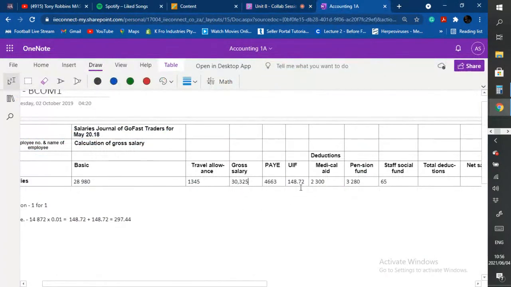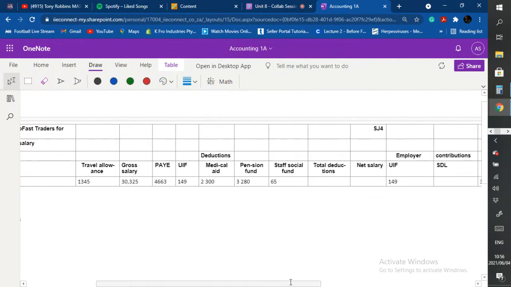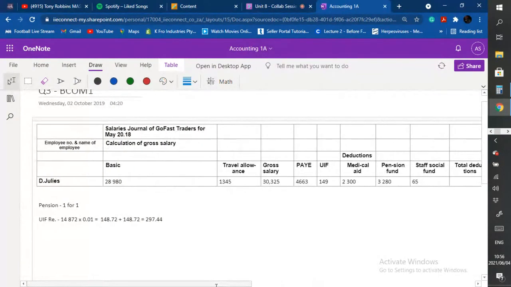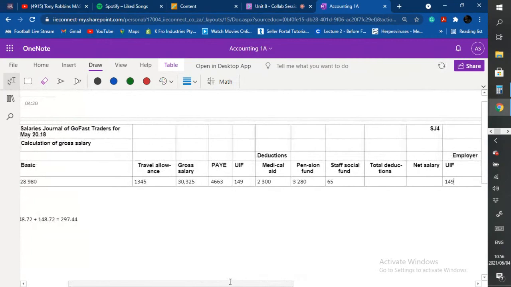So let me erase that and correct myself over here, and that should be the very same. Now we want to calculate total deductions.